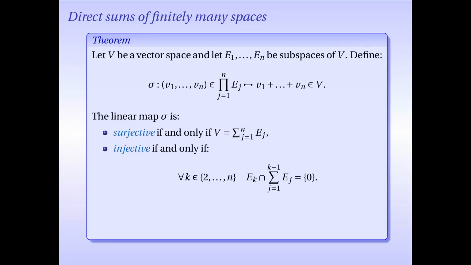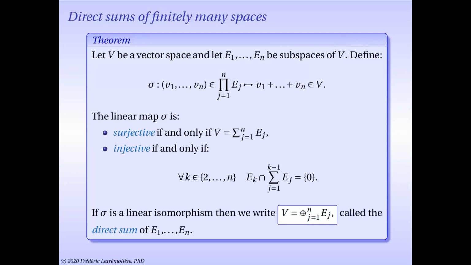And then you want E4 intersect with the sum of E3, E2, and E1 to only be 0. And the pattern thus continues until n. Now, there are actually counterexamples that show that this condition is stronger than simply asking that if you take any two distinct indices i and j, Ei intersect Ej is the singleton 0.